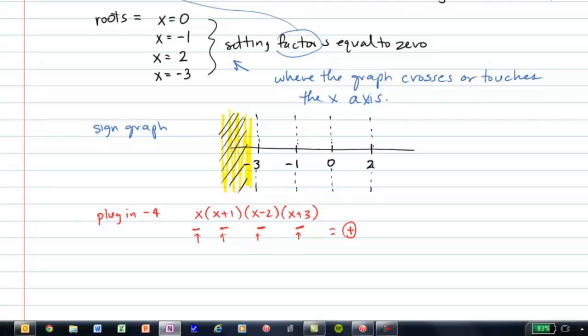So on my little sign graph, I'm going to put a positive in a circle above the number line because that's where the positive numbers are, right? Because what we're figuring out is, is our curve going to be above the x-axis or below the x-axis? So from negative infinity to -3, our curve is above the x-axis.